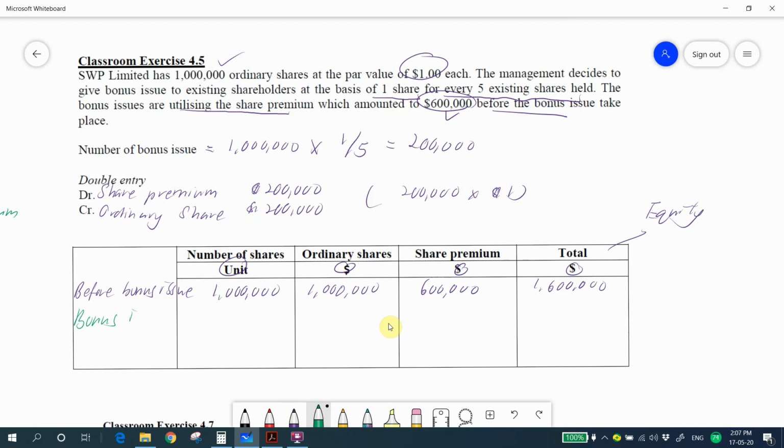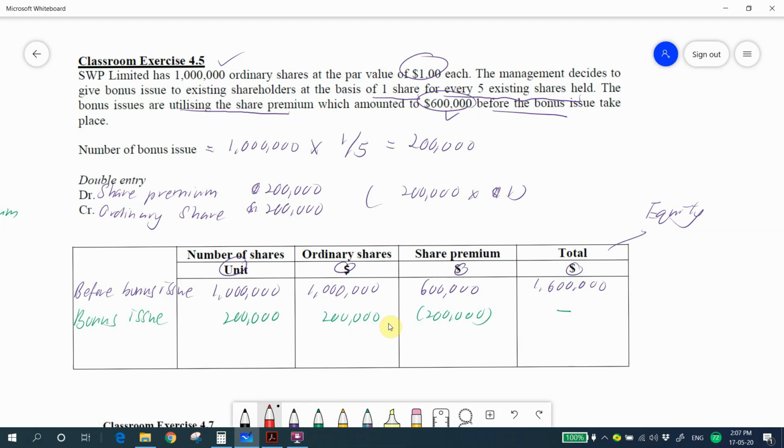Bonus issue will increase the company's number of shares by 200,000. The value of ordinary share increased by 200,000 as well. However, this amount is utilizing the share premium, so no changes. One positive 200,000, one negative 200,000, so the net impact is 0.